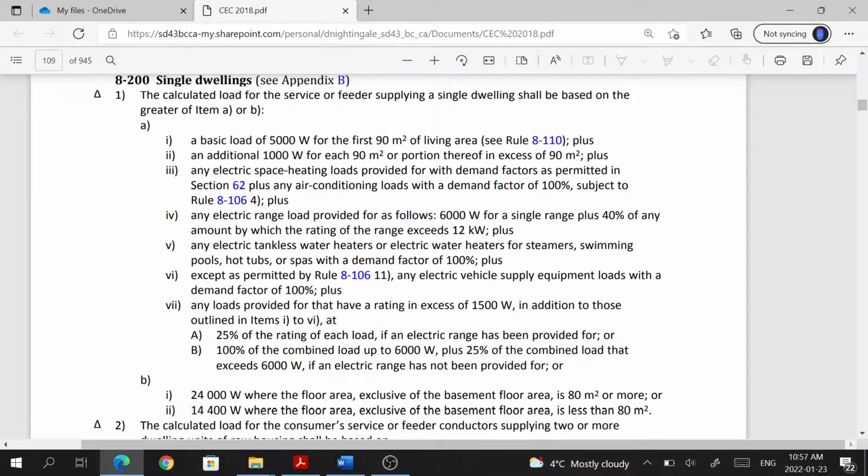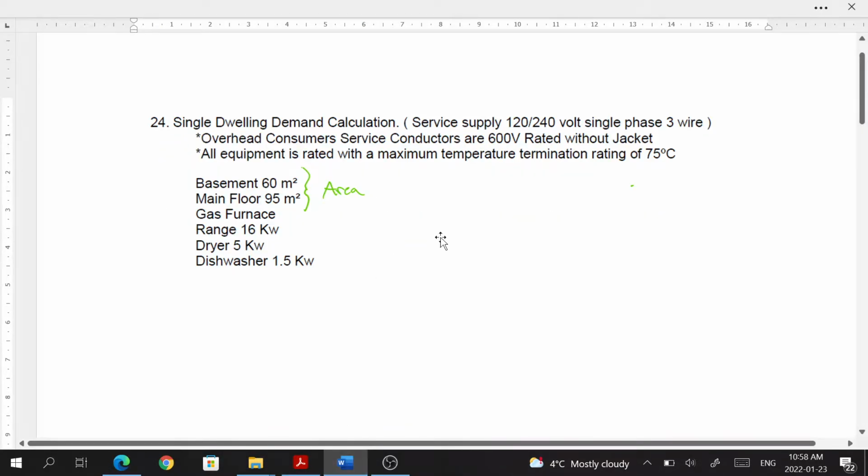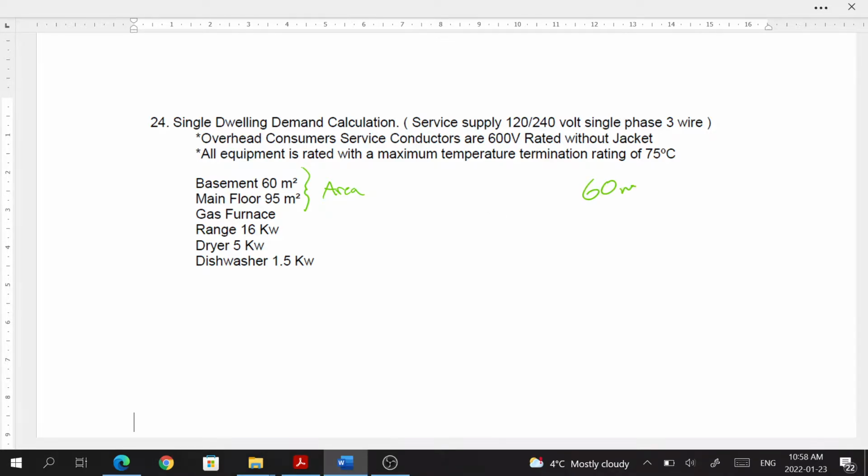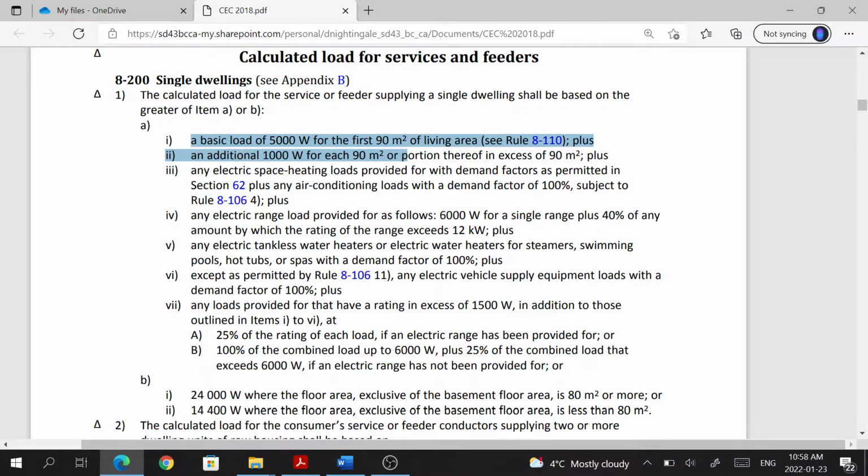So the first thing we're going to take a look at is calculate how many watts for the living space that we have. So we have 60 meters squared for the basement. Now, if we take a look back at the rule, it says a basic 5,000 watts for the first 90 meters of living area.